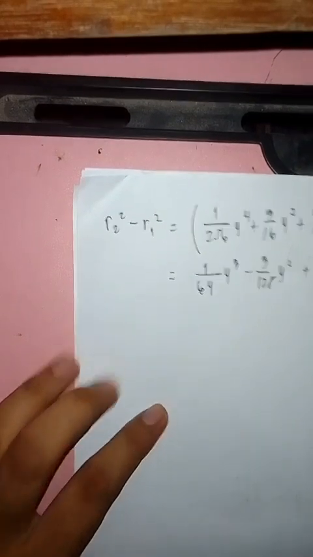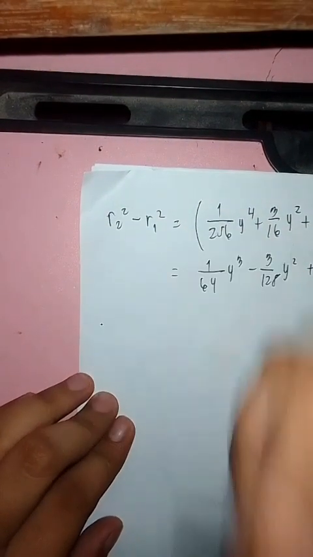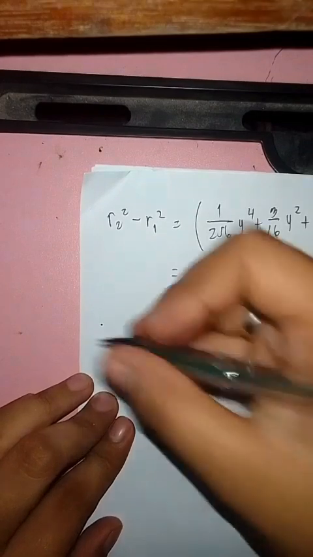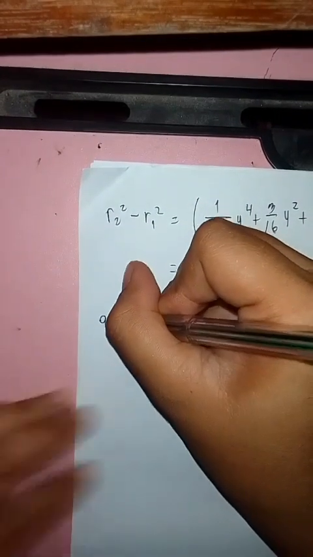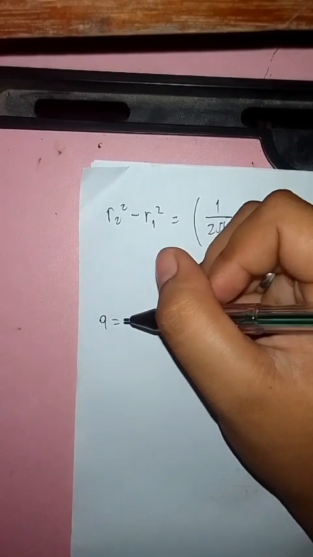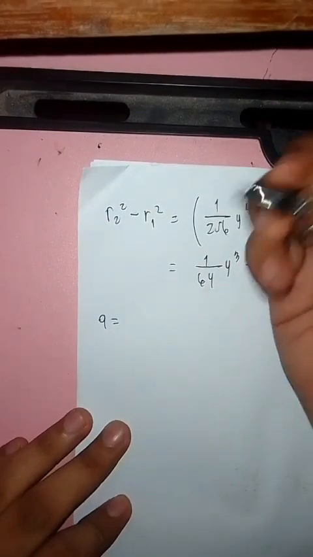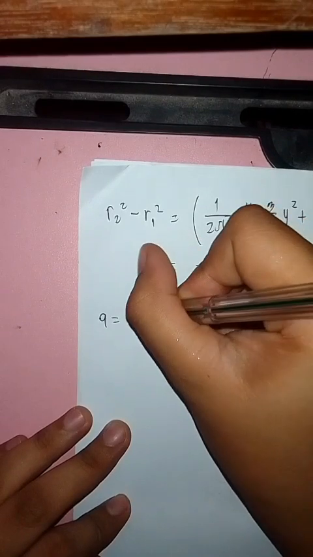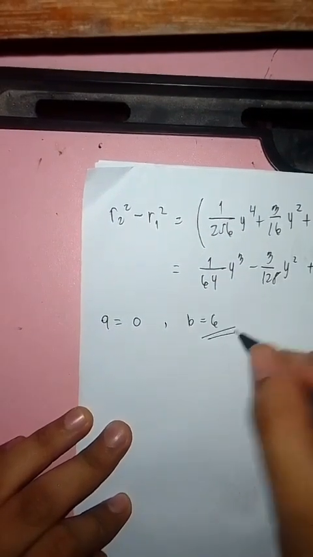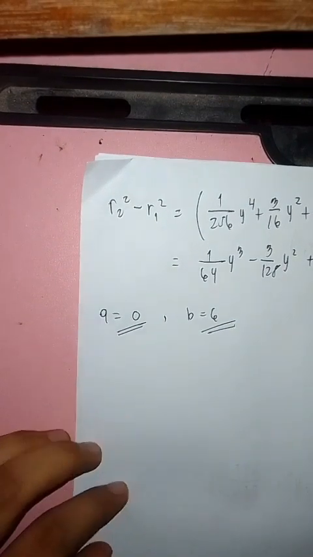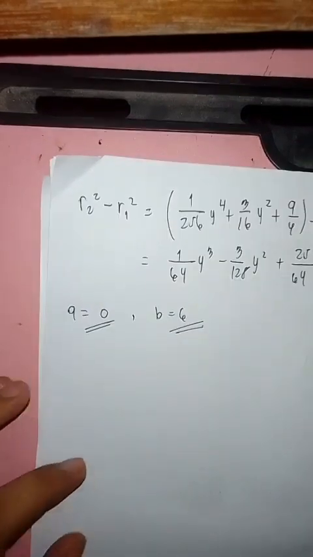We can now use the formula, and our boundaries are r_a equal to 0 and r_b equal to 6. These are the boundaries found in the graph that I have shown you earlier.